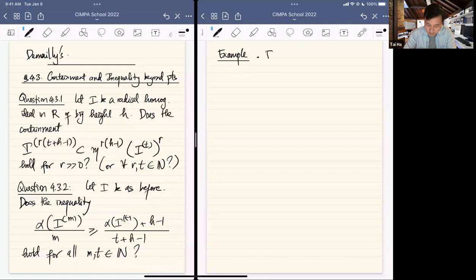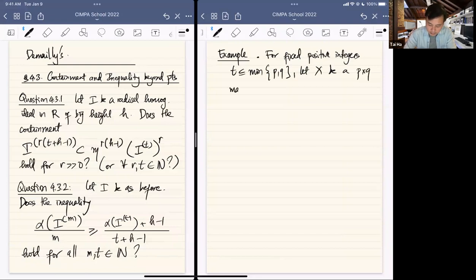For a fixed positive integer t less than or equal to the minimum of p and q, let X be a p by q matrix of indeterminates.